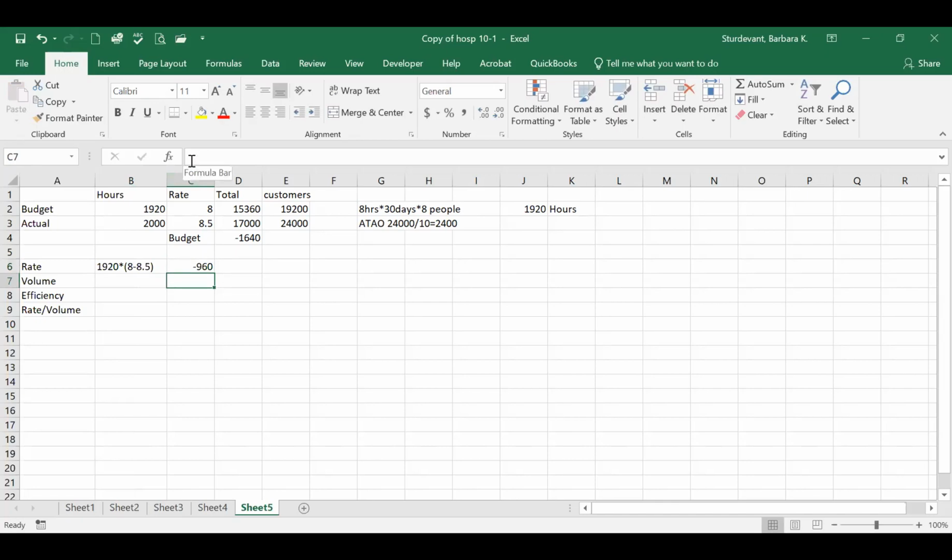Okay, so we knew that wasn't going to be good because we paid 50 cents more an hour. Okay, volume variance. This is where your ATAO comes in. So in your parentheses, it's going to be your budget minus your ATAO.